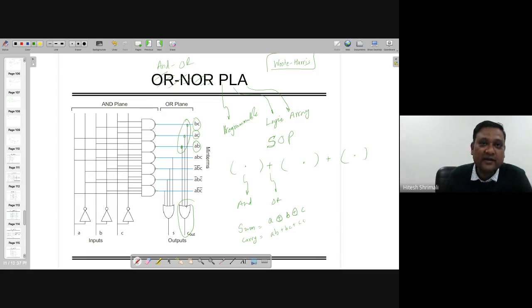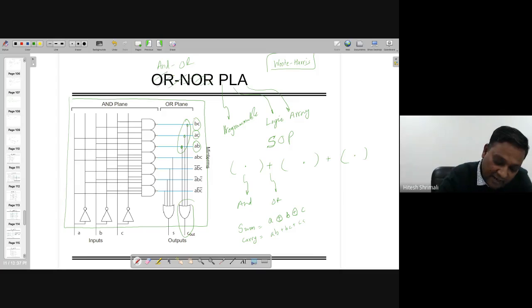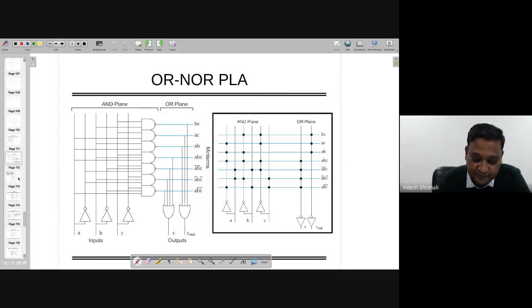That will give me the carry out, right? So the crux of the story is that most of the things are AND or PLA. So the inputs are given and lots of things are given together, and you can program which one you want through such a dot diagram, where you know which one is going to make the connection and which one is not, and accordingly you can read sum and carry, right?